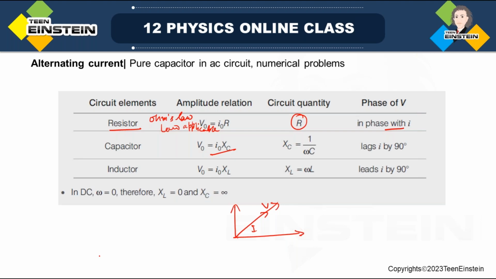Peak voltage V0 is equal to I0 XC, where XC means capacitive reactance, and that XC is 1 by omega C. Now in case of the inductor, voltage is I0 into XL, and XL is equal to omega into L, that means angular frequency into inductance.